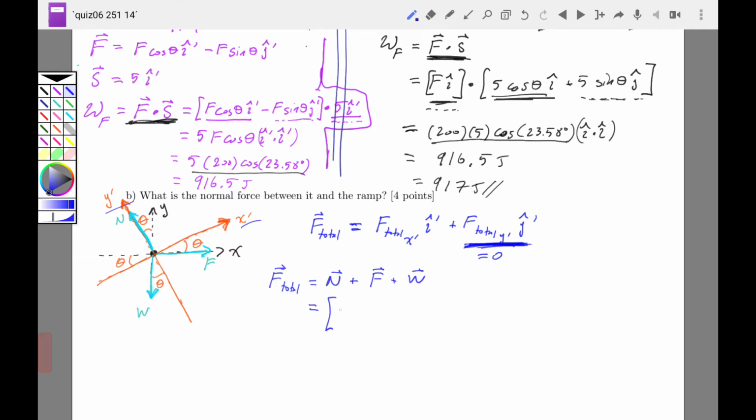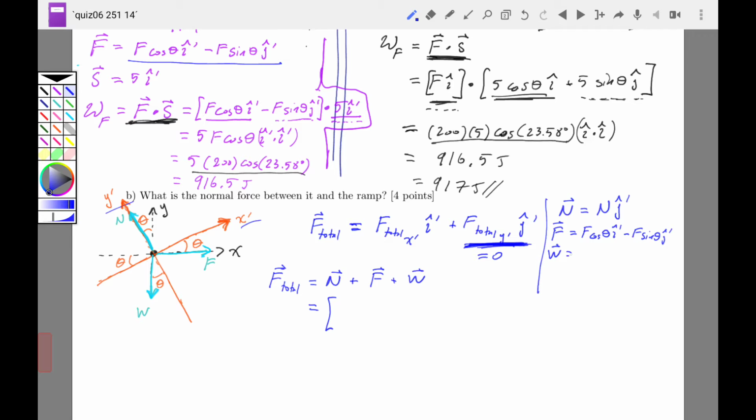N has no x component. N is just the magnitude of N, j hat prime. F we already did in purple up here. So that's magnitude of F cosine theta i hat prime minus F sine theta j hat prime.